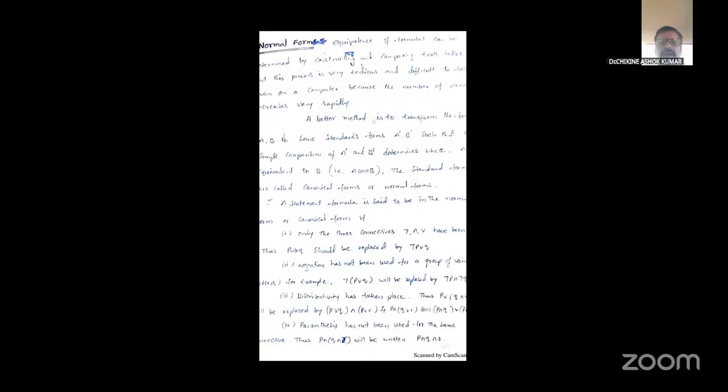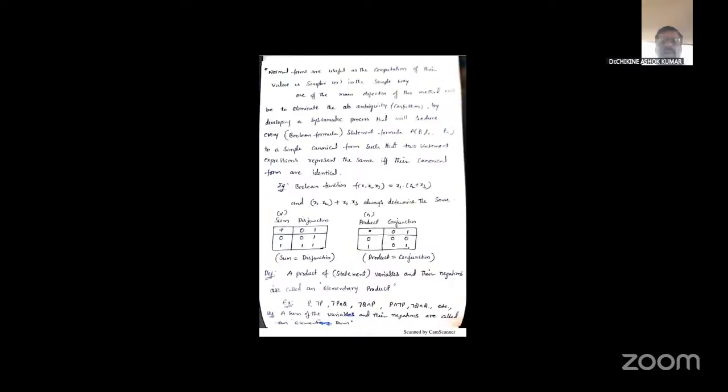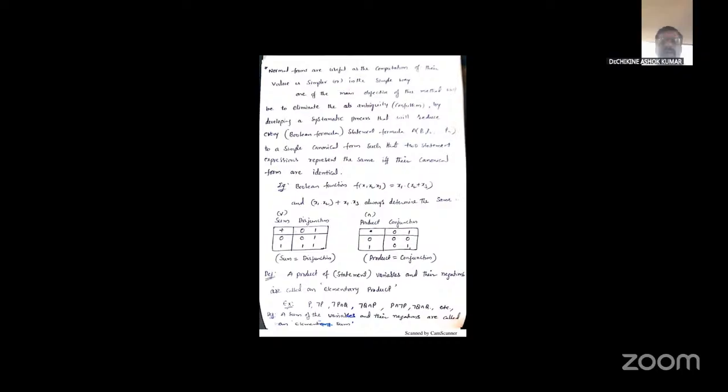Before starting the problem, see what sum means, disjunction, and product means conjunction. How we are going to do the calculations while simplifying into PDNF and PCNF, that is principal disjunctive normal form, principal conjunctive normal form.